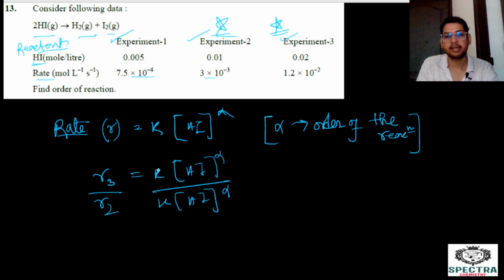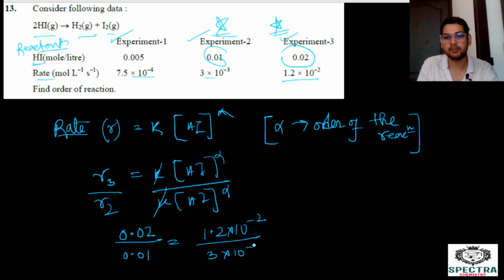K and K will get cancelled. Now I'll put the value of R3. R3 is 0.02. R2 is 0.01. Then [HI] is 1.2 into 10 to the power minus 2, and this is 3 into 10 to the power minus 3.